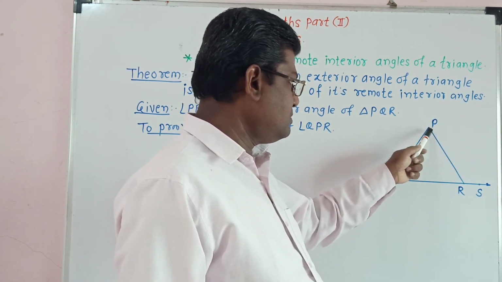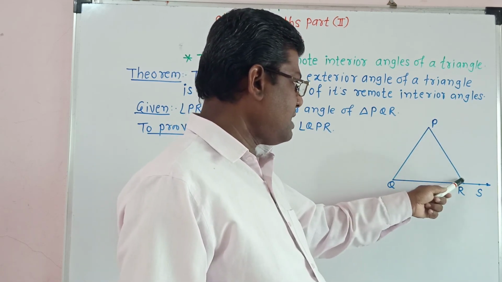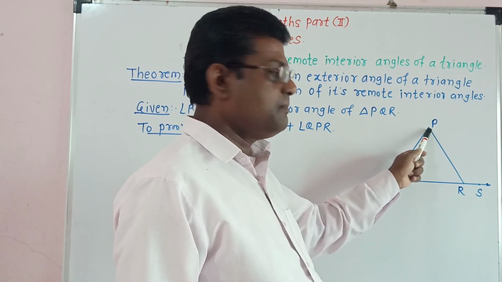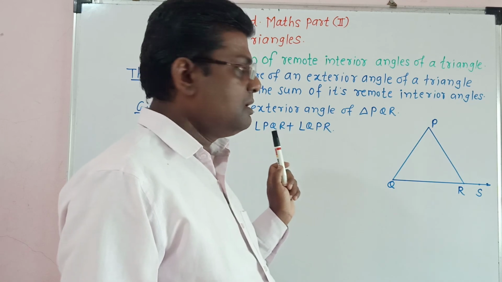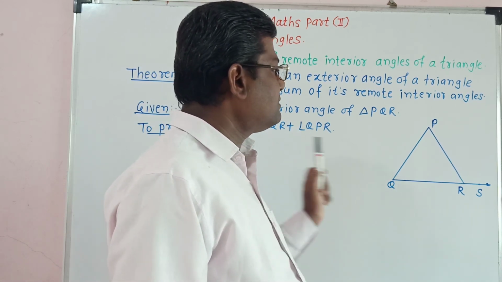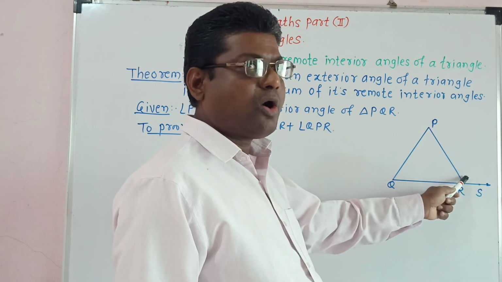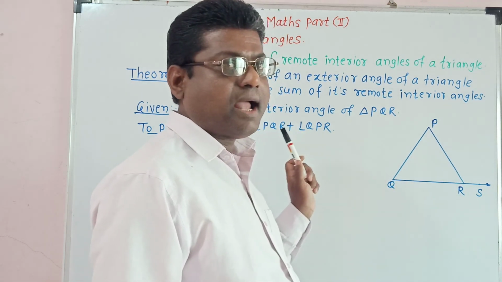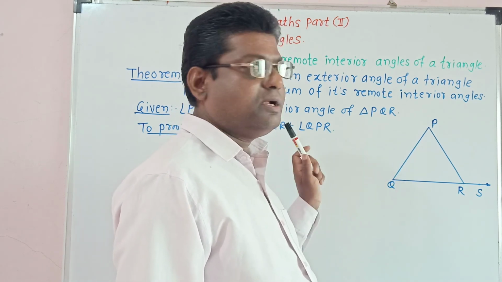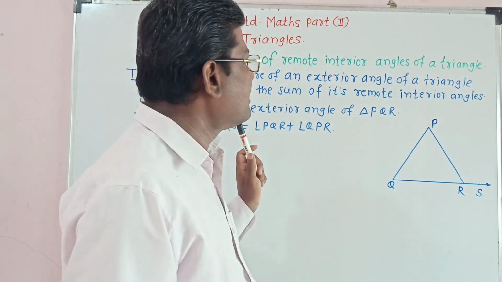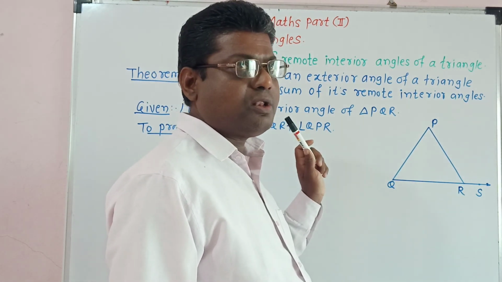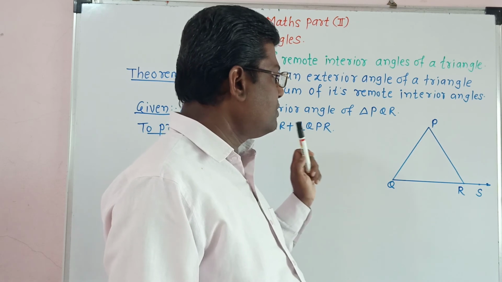But these two angles, angle Q and angle P, are called remote interior angles, and here the measure of the exterior angle is equal to the sum of the measures of its remote interior angles. We know that the sum of measures of all the angles of a triangle is 180 degrees.